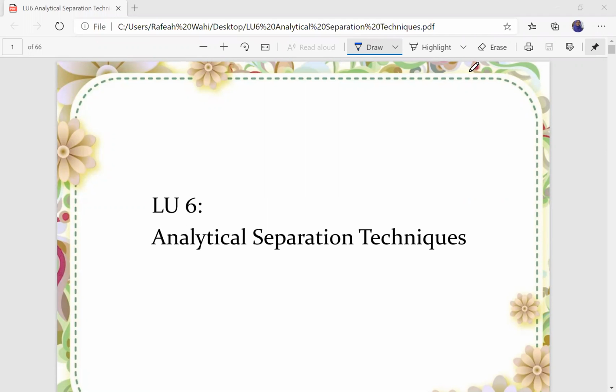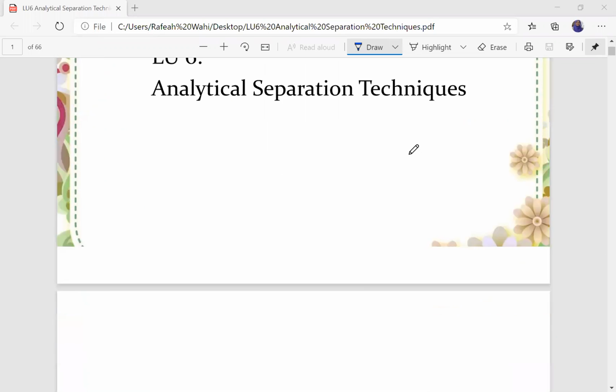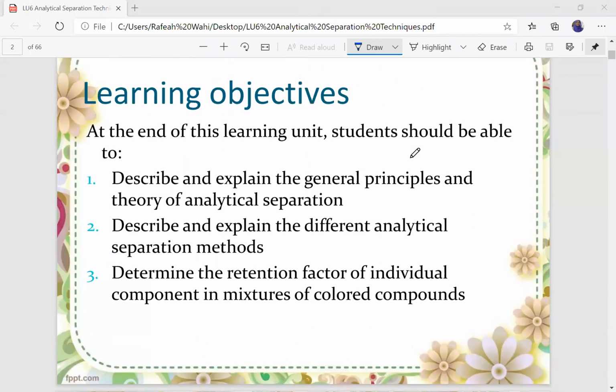Today we're going to start learning unit 6, Analytical Separation Techniques. In this learning unit, you will be learning 3 things. So at the end of this learning unit, you should be able to, first, describe and explain the general principles and theory of analytical separation.